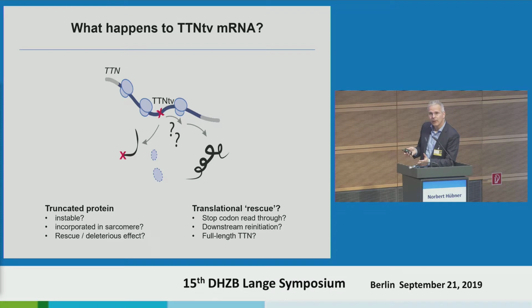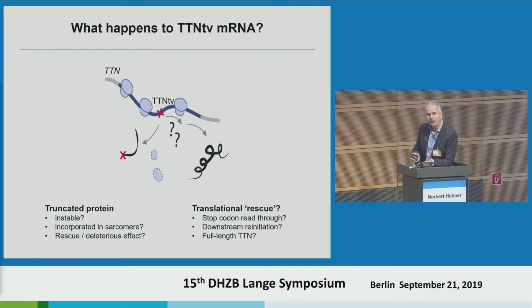That leaves us with the question, what happens actually to the RNA and to the protein? So when we have a truncated protein because of a stop codon, we would expect this to be unstable. The question is, is the remaining part of the protein incorporated into the sarcomere? And is there a rescue of the deleterious effect from the wild-type allele? And could there be a translational rescue as well?